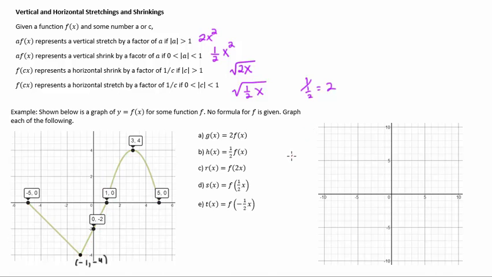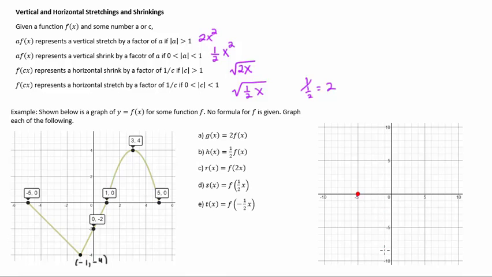If I multiply all of my f of x values, all of my y values by 2, what does that look like? Well, negative 5 comma 0, if I multiply the y value by 2, that's still 0. These aren't going to look identical because they don't have the same scale, but hopefully we'll still get a good idea. Negative 1, negative 4, if I multiply the y value by 2, that's negative 8.